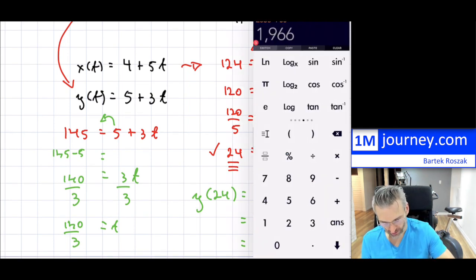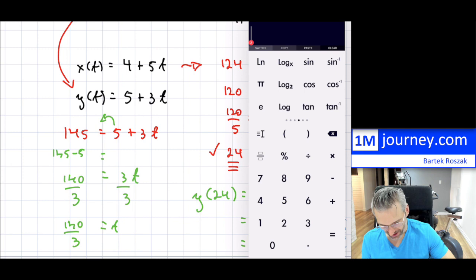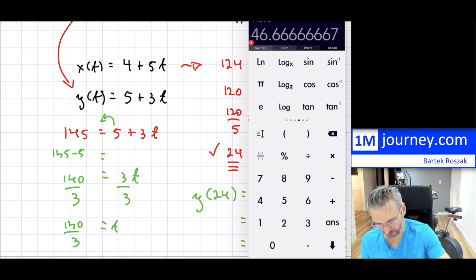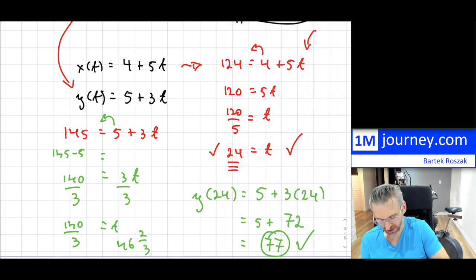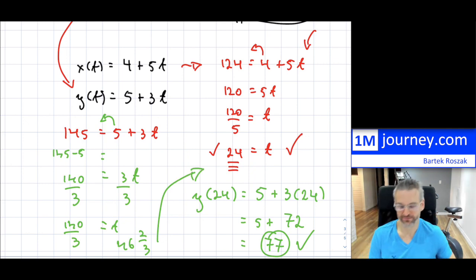And you know what, I don't want to be doing this in my head anymore. 140 divided by 3 is 46 point something, so 46 and 2/3, which is clearly not 24. So again, it's just showing us that it does not work.